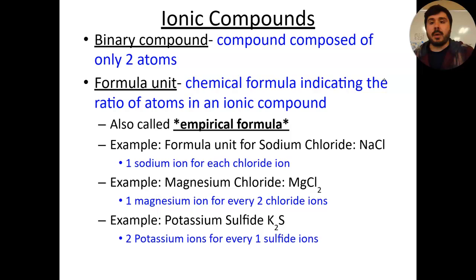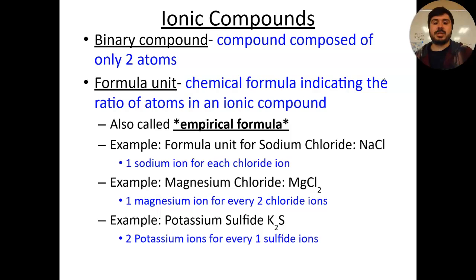Now, ionic compounds. Binary compounds are compounds composed of only two atoms. A formula unit is a unit where the chemical formula indicates the ratio of atoms in an ionic compound, sometimes also referred to as our empirical formula, which we'll talk about later on in the school year. The formula unit for sodium chloride is NaCl, which tells us that for every one sodium ion you have, you've got one chloride ion.